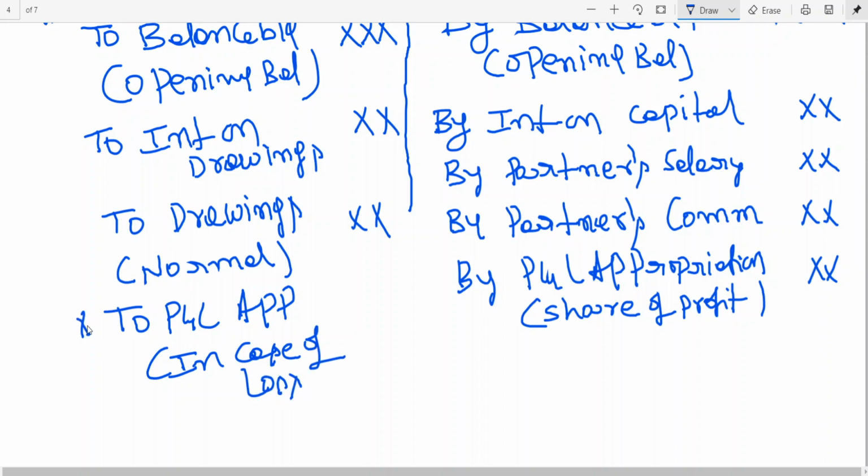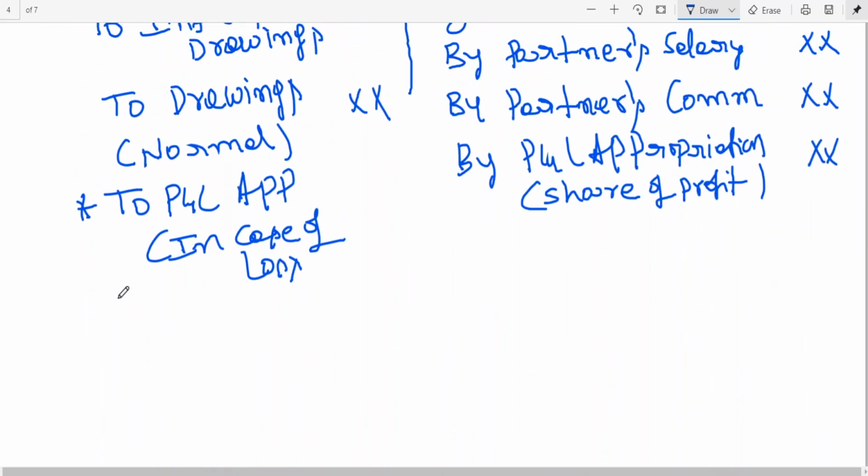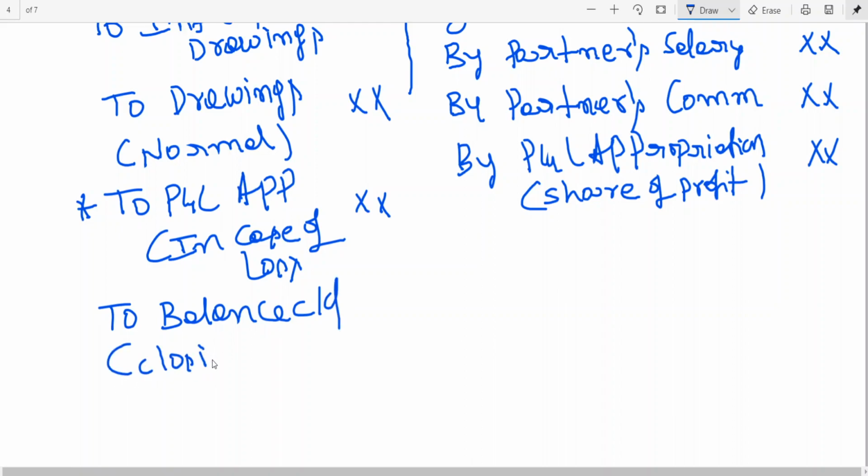That means when I am putting a star, only one item will appear. Is this clear to all of you? Then finally, you will be closing the balance. If credit side is more, you write to balance carried down, closing balance. If debit side is more, you will be getting by balance carried down.